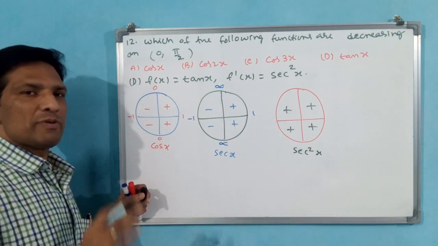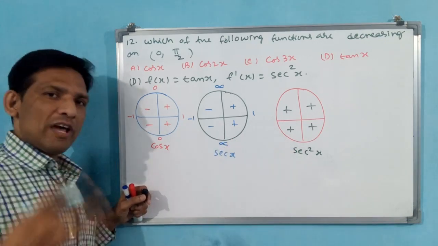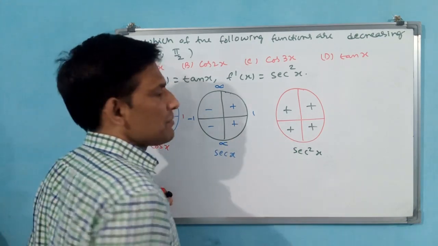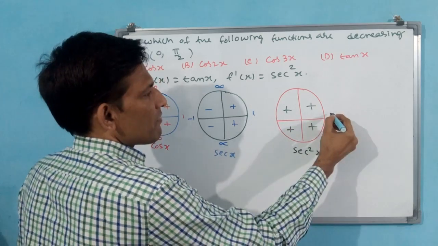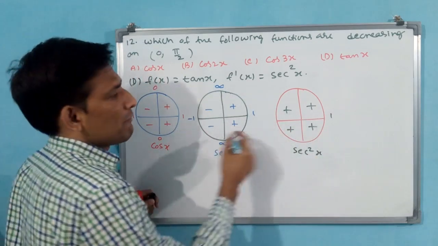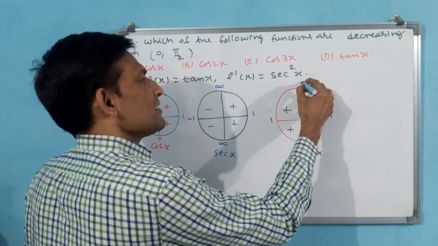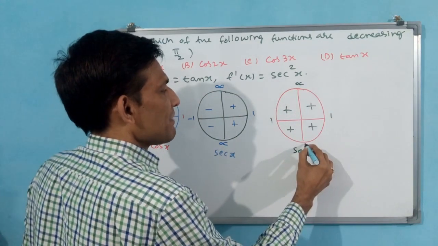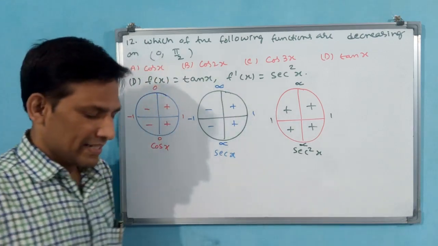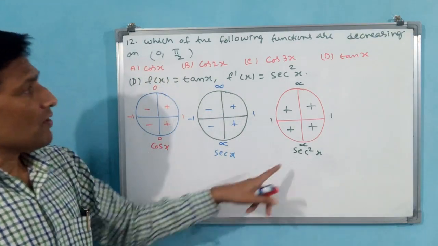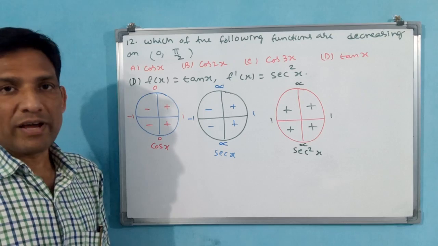All are going to become plus in square. Square means all plus, that's all. No minus will be there in square. 1 square is 1, minus 1 square is plus 1, and infinity square is infinity only. Now, this is the circle diagram for secant square x.